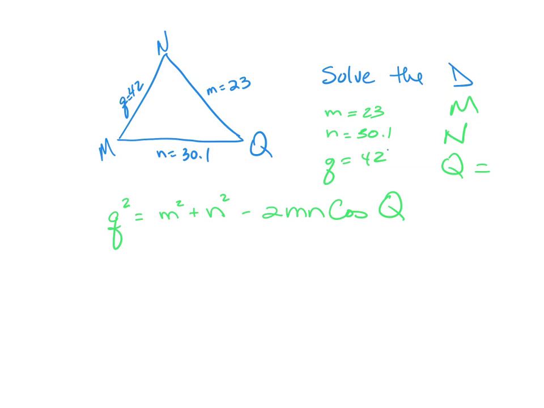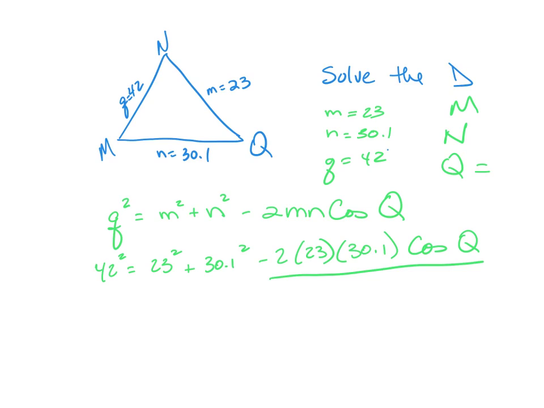Does everybody see what I did? And now I'm going to put in my numbers. So I've got 42 squared equals 23 squared plus 30.1 squared minus 2 times 23 times 30.1 times cosine of q.